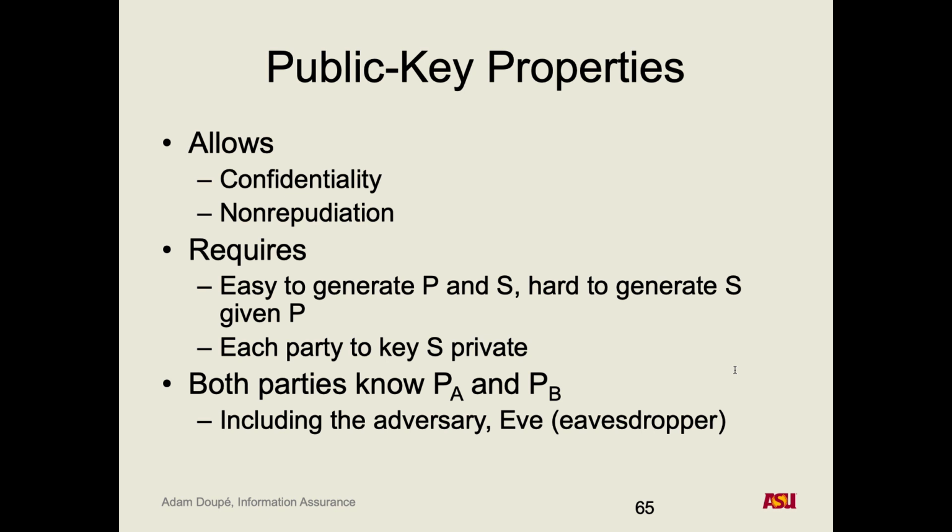So Eve also wants to spy on this communication, and she also knows Alice's and Bob's public keys. Fundamentally, we assume everyone knows Alice and Bob's public keys. Public key, it's literally in the name, public. Everyone knows. Secret, who should know? Only the owner.